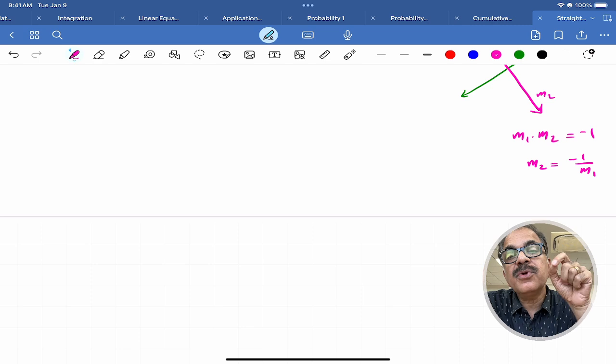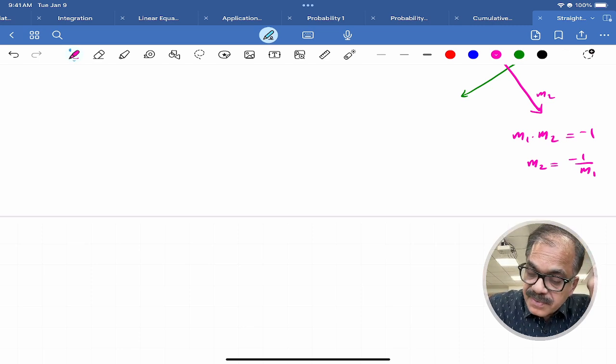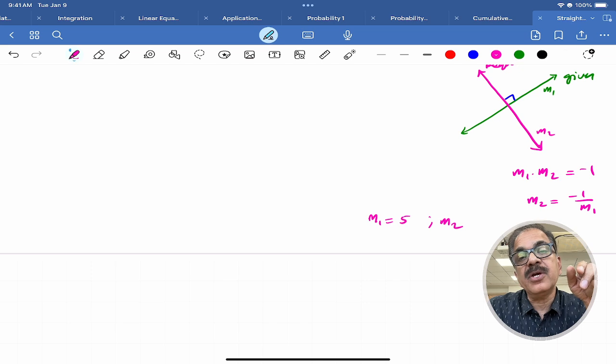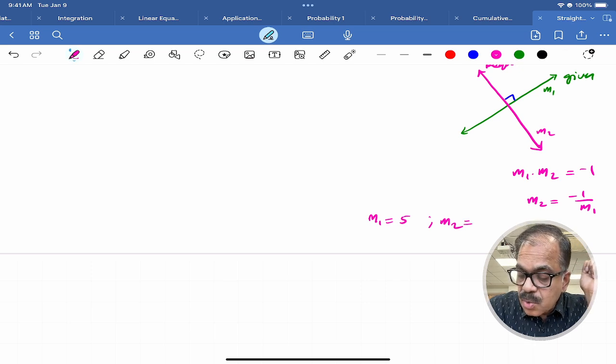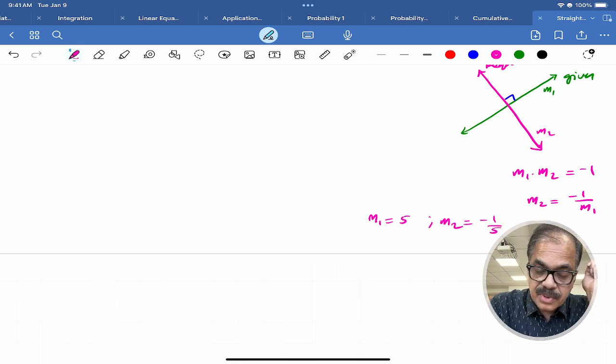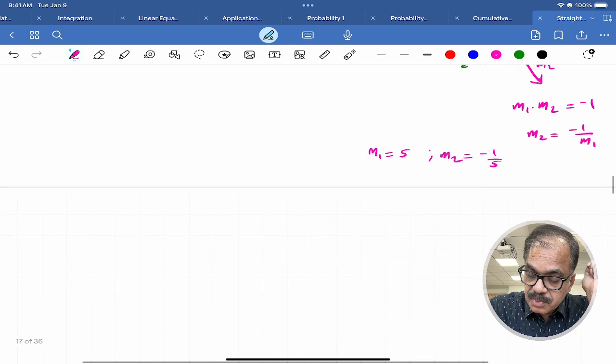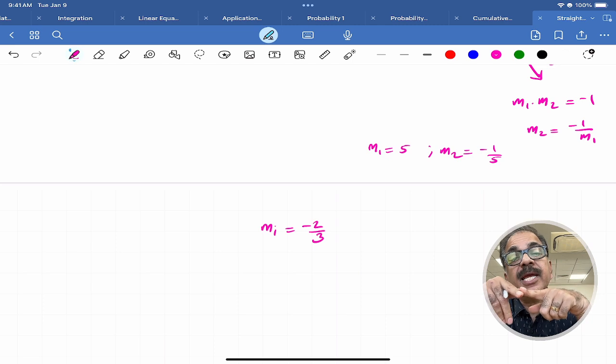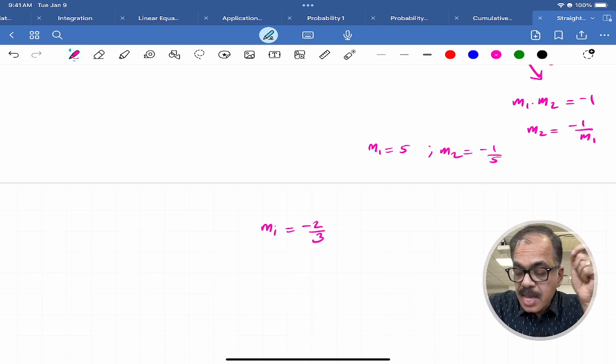So if you know the gradient of one line, for example, if m1 of one of the lines is 5, and the two lines are perpendicular, the gradient of the second line would be the negative reciprocal, negative 1 by 5. Another example. Suppose I have one of the lines m1 with a value of negative 2 by 3. It's already a negative number.